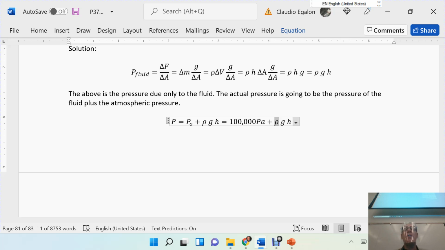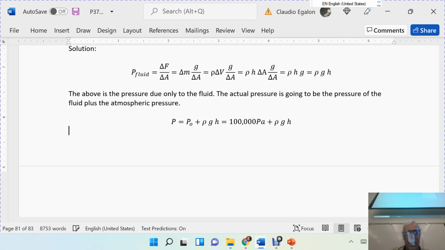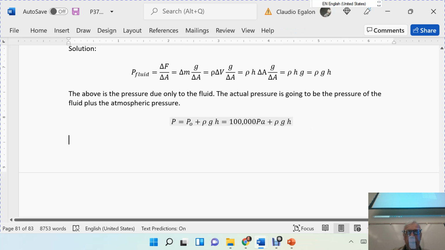Come on, folks. Nobody knows that? I'm going to write that down here for you. Density of water. I'm going to continue this equation.